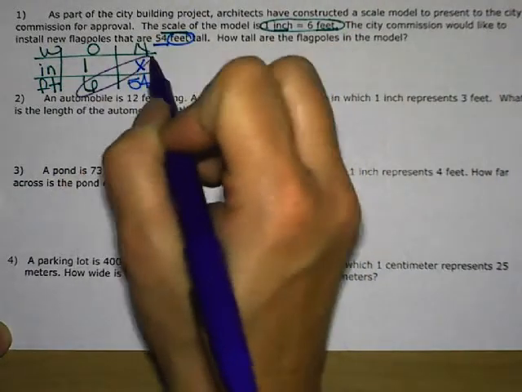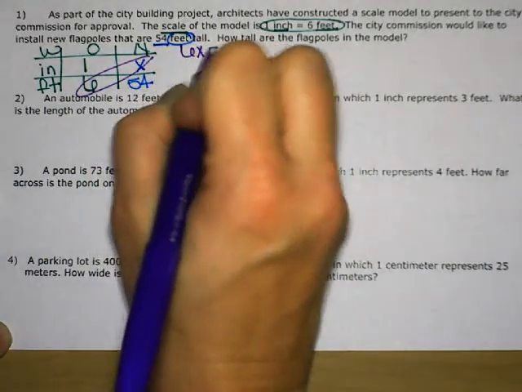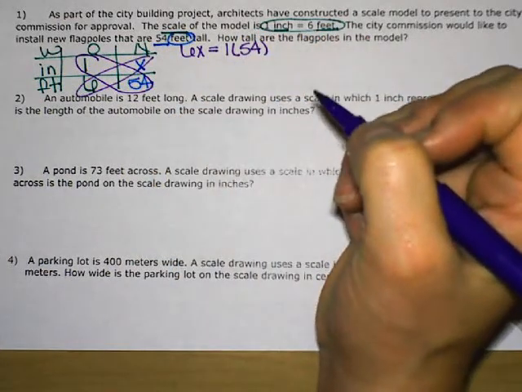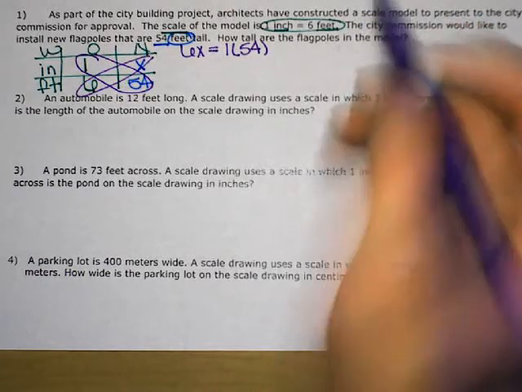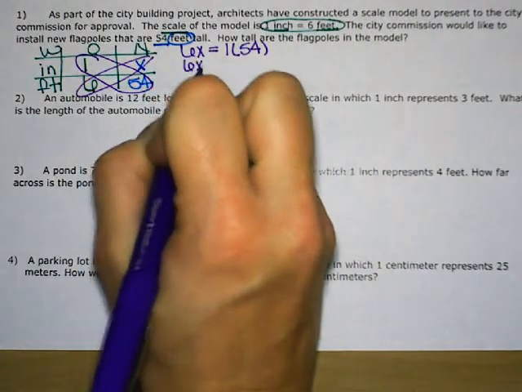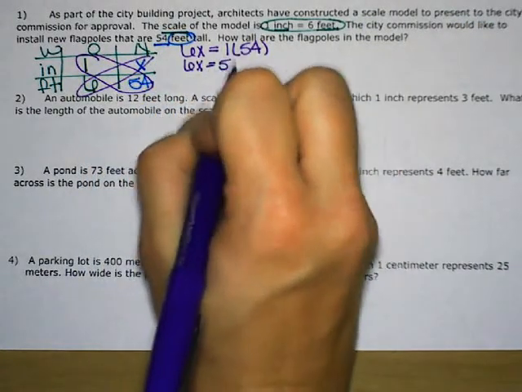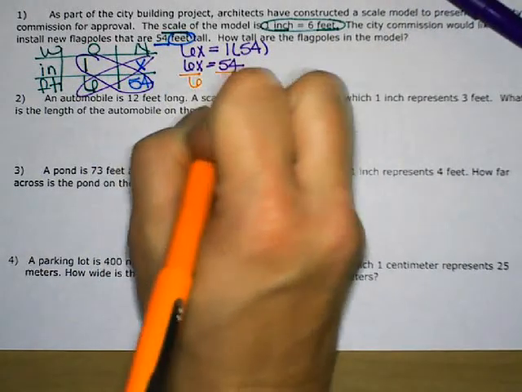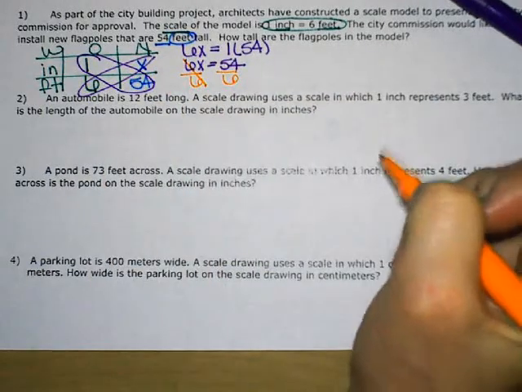You will cross-multiply. 6 times x equals 1 times 54. And I'm going to solve each step of the equation. This is 6 times x, 1 times 54 is 54. And I can divide both sides of the equation by 6.